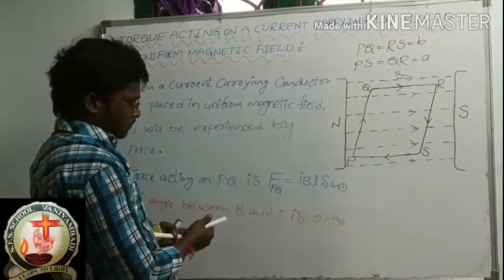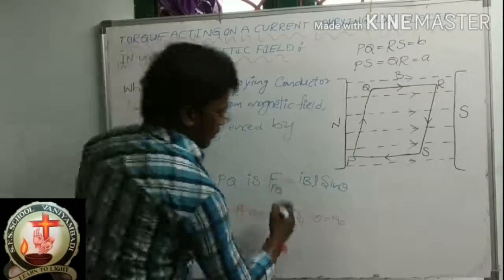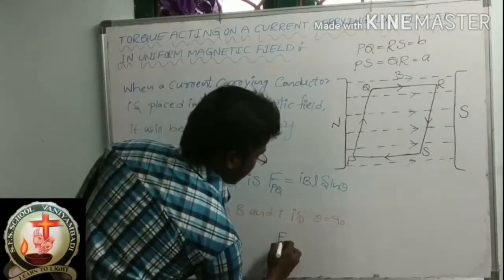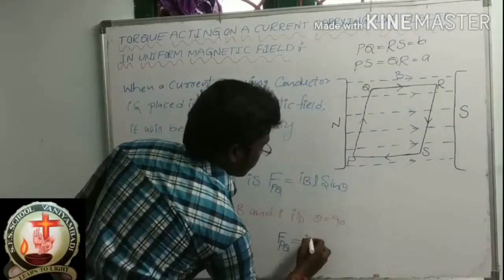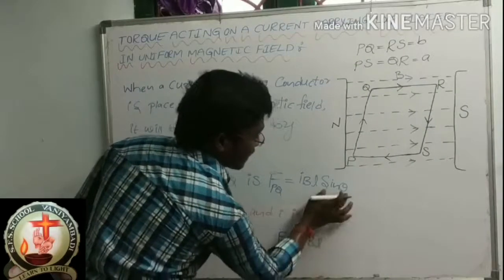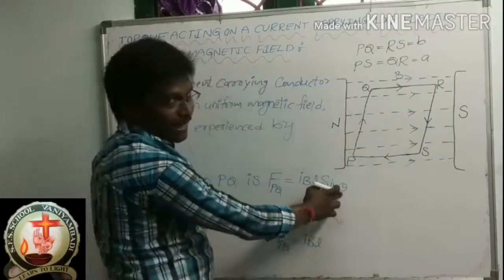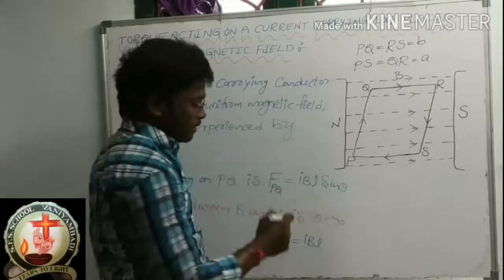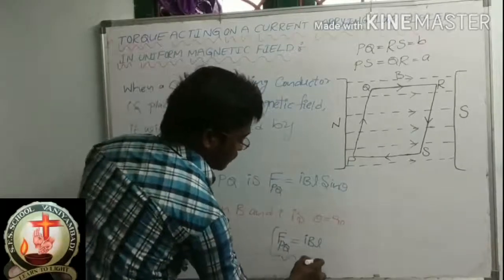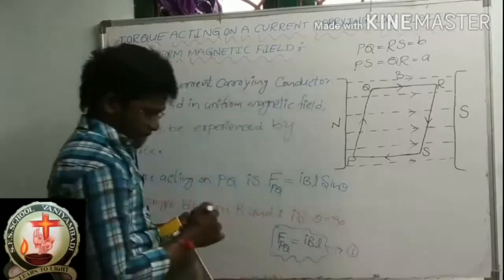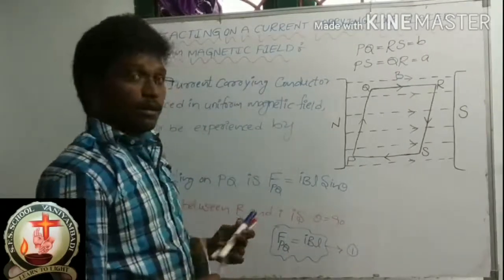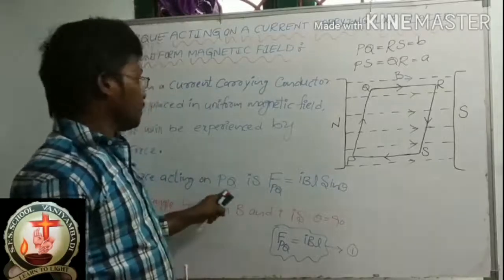F PQ is equal to IBL sin. In the place of theta we substitute 90. Sin 90 value 1. So what is the final expression? This one. Equation 1. Okay. Force acting on PQ, this part.